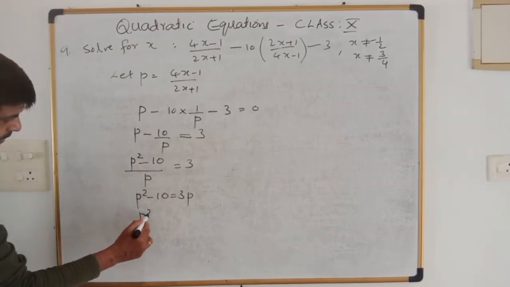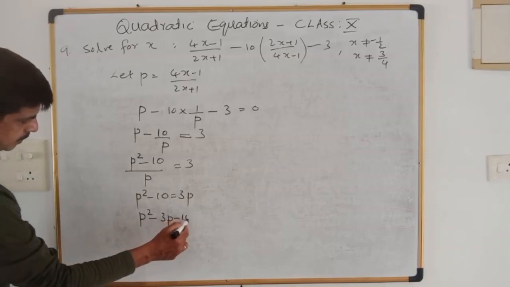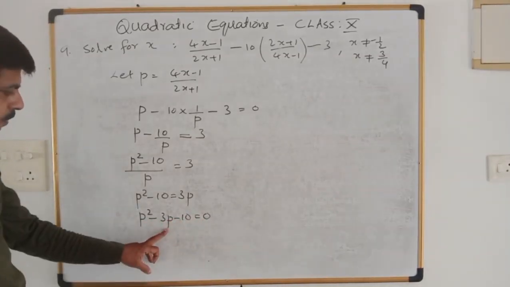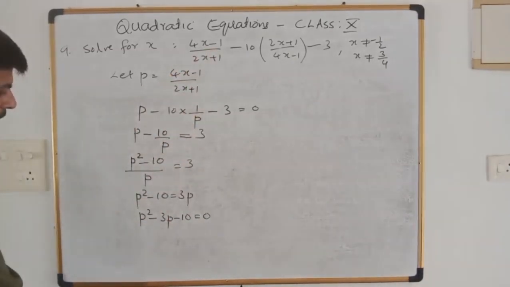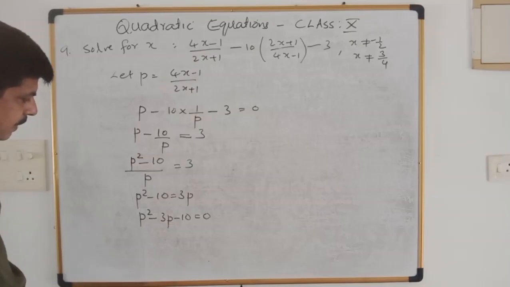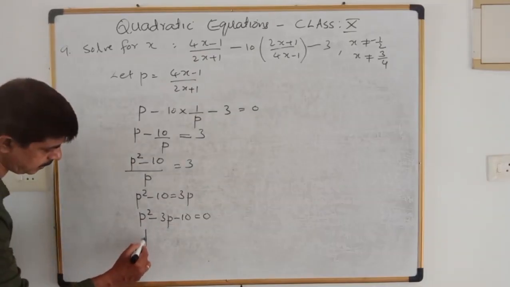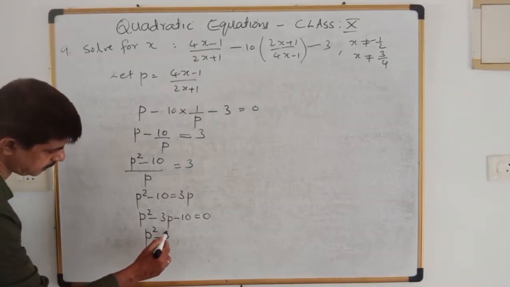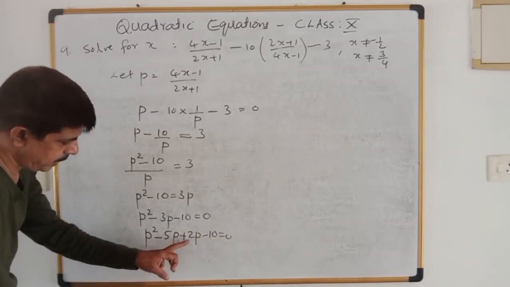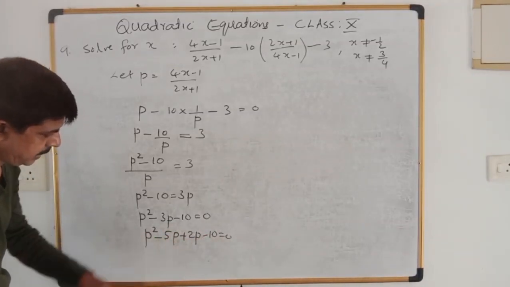Taking the variable term this side, we solve for p. First we find the value of p, then we get the value of x. Use the factorization method: sum minus 3, product minus 10. The numbers are minus 5 and plus 2: negative 5 plus 2 is negative 3, 5 twos are 10.